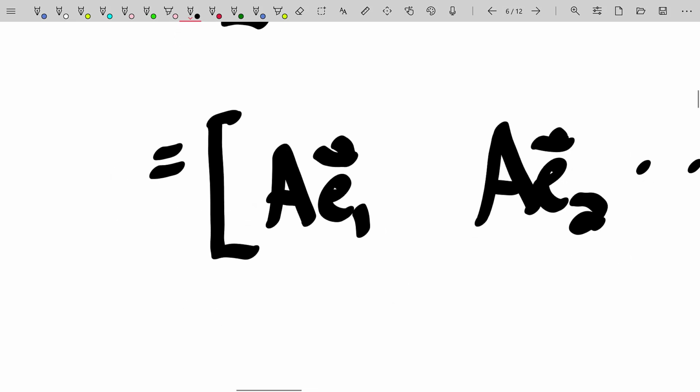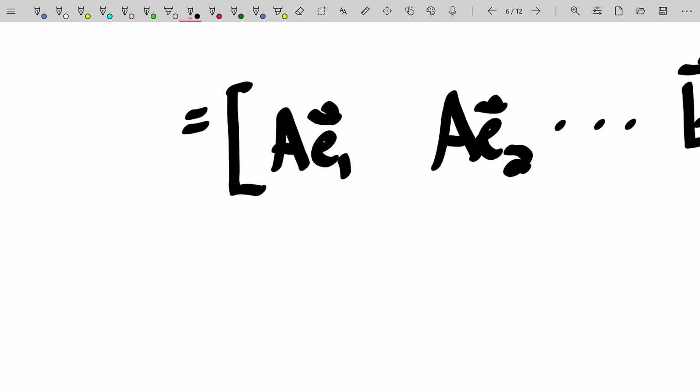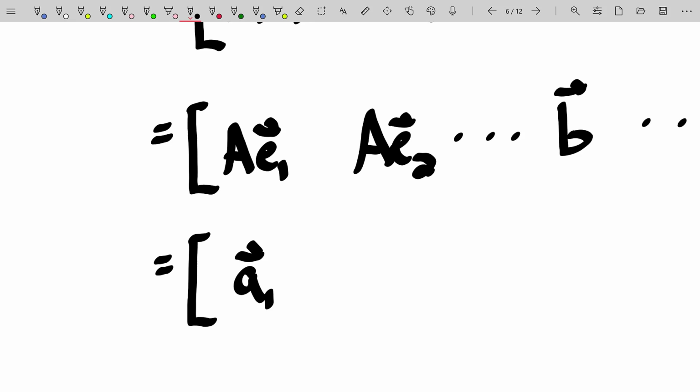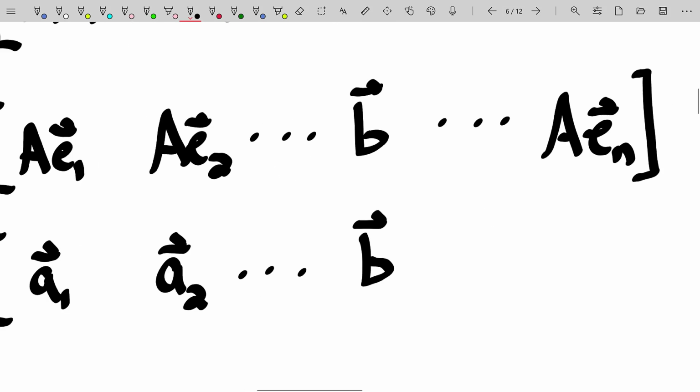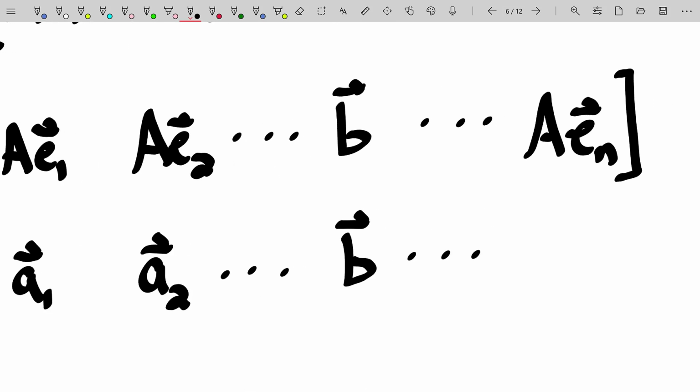So A times e1 just returns the first column of A. A times e sub 2 returns the second column of A, and so on down the line. Remember, the ith column is going to be b, and then all the way down until we get to the nth column of A. So far, so good, hopefully.